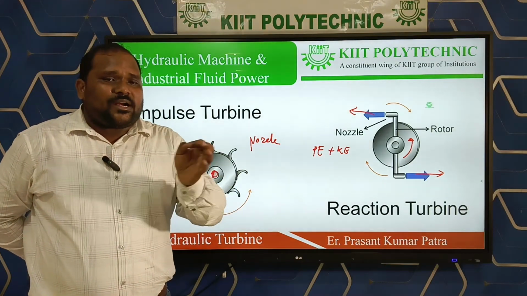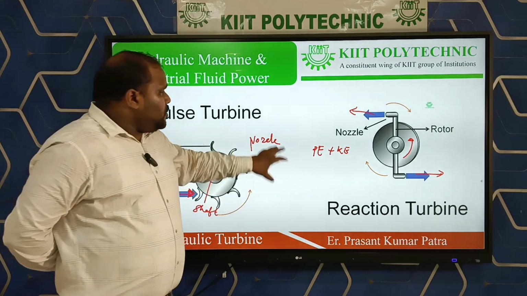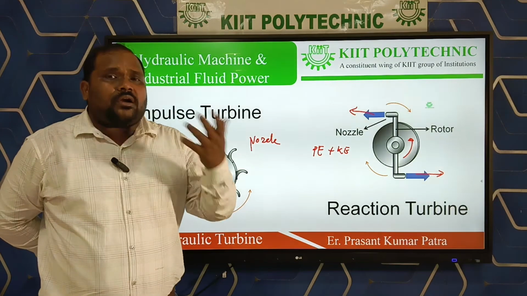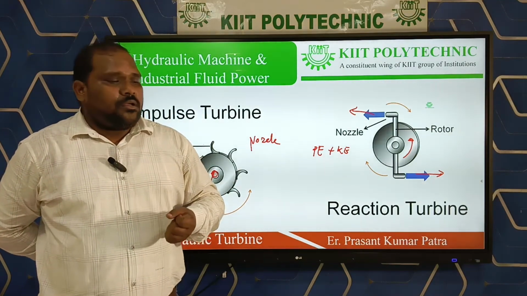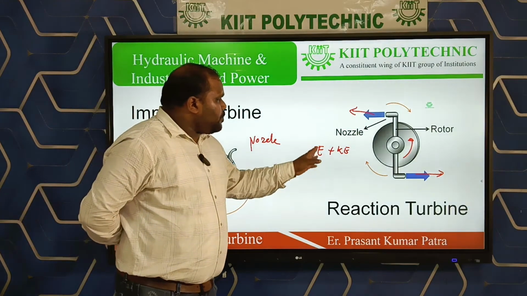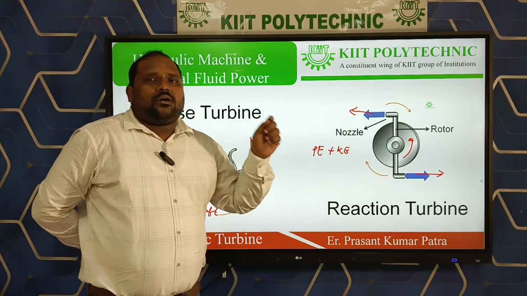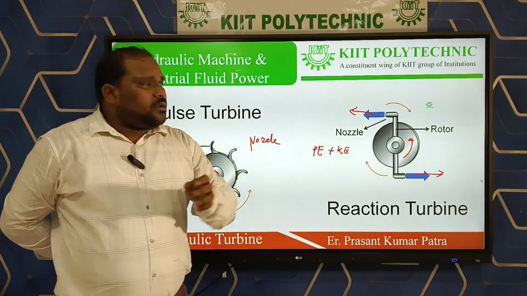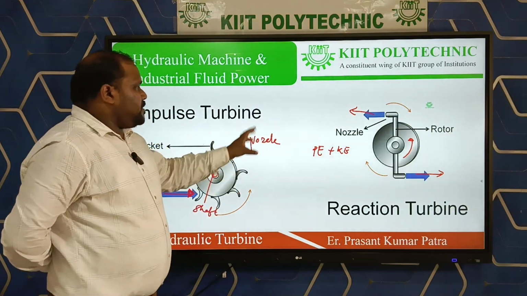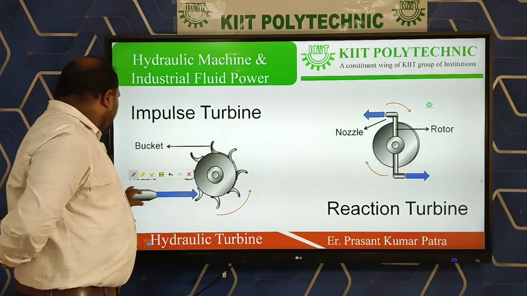So water comes directly into the guide vanes, then the vanes, so in the absence of a nozzle there is not 100% conversion. So we obtain partly pressure energy and partly kinetic energy, and this is due to the reaction pressure in the reaction turbine. So this is the basic difference between the reaction turbine and the impulse turbine.